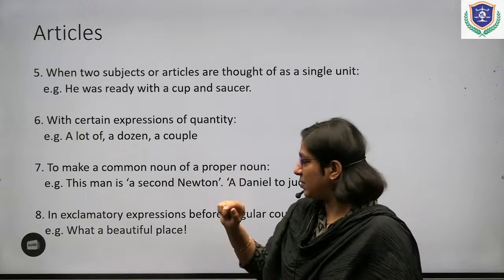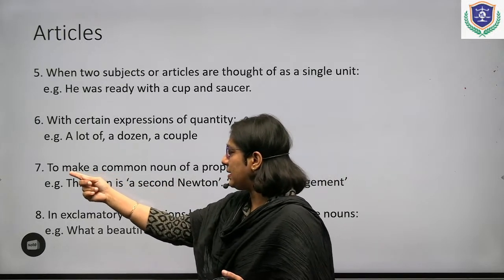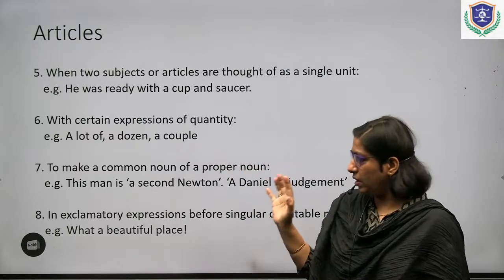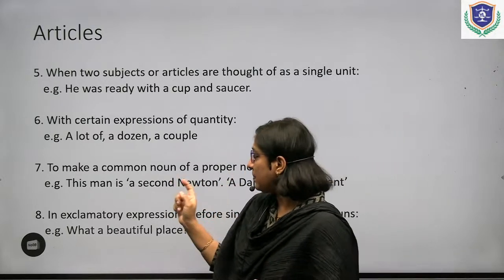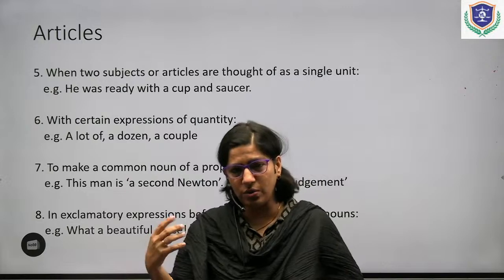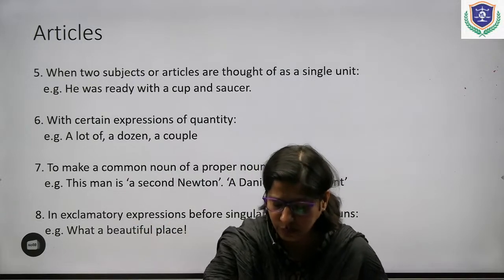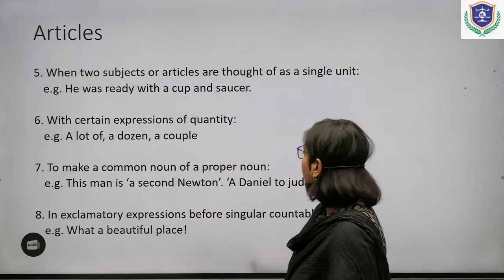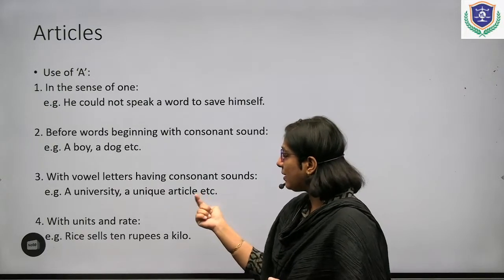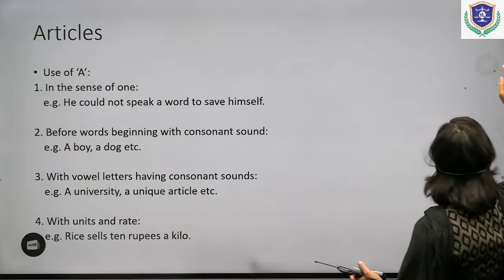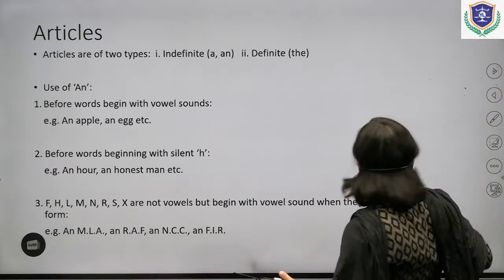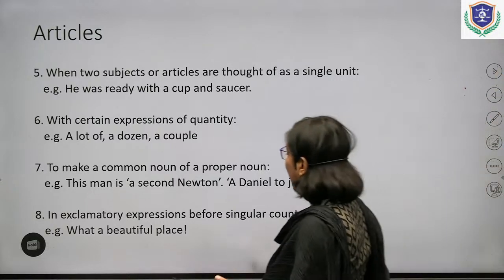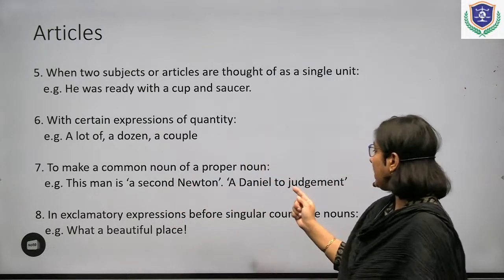Yesterday I skipped this sentence. To make a common noun of a proper noun. Now what is here is this man is a second Newton. Of course we know Newton, a person who is well known and is a proper noun. But here the moment you say a second Newton, meaning someone who is as good as Newton, or a Daniel to judgment.